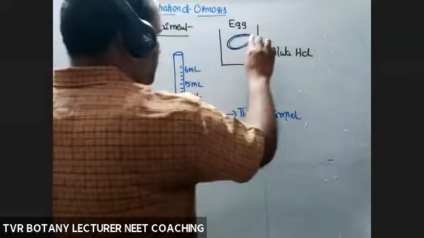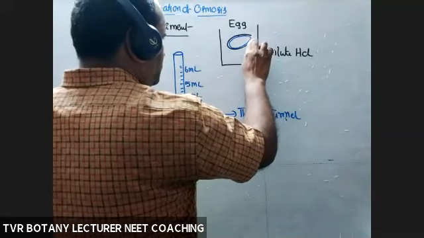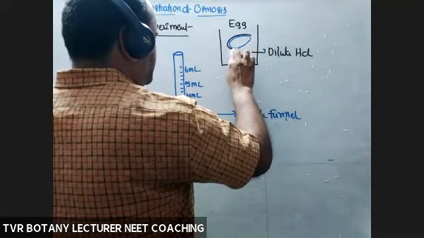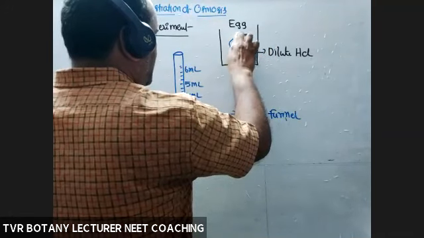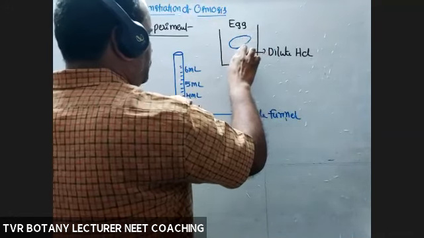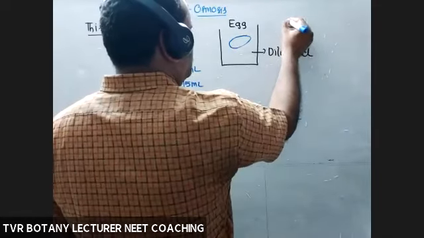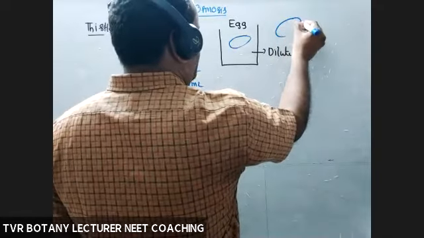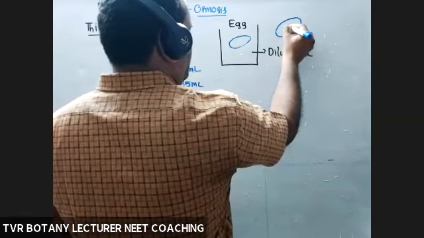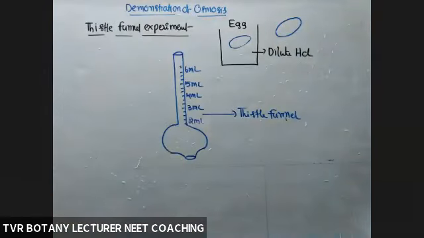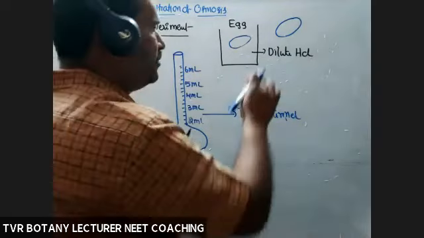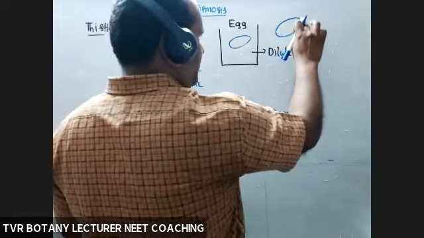Okay, so the white colored shell is dissolved in dilute hydrochloric acid, and take it out. Now this is with a membrane. Okay, the yellow colored part is the yolk, and the white colored part is the albumin.